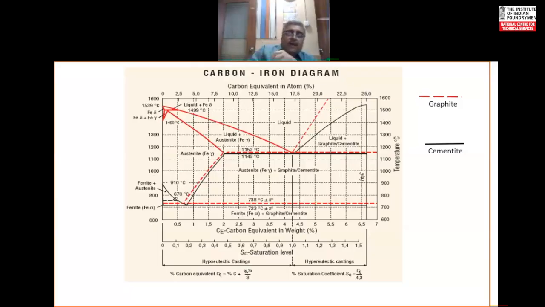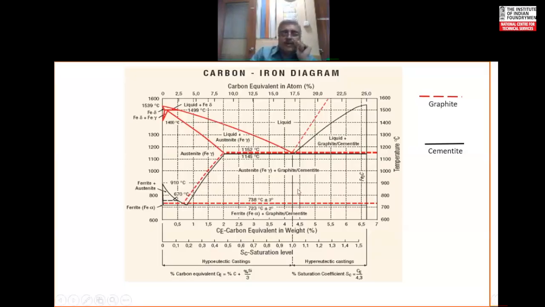And then as the metal cools through and comes down to say 738 degrees, austenite gets transformed further into ferrite and either graphite or cementite. Now, I have used so many words. I'll add one more thing which is shown here in the diagram.